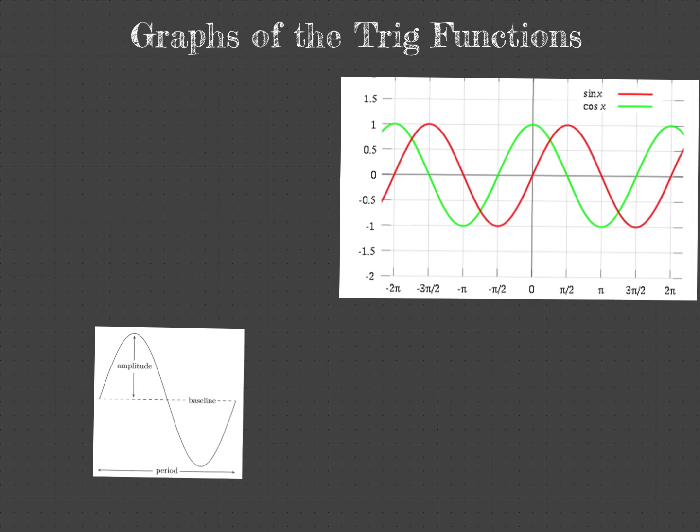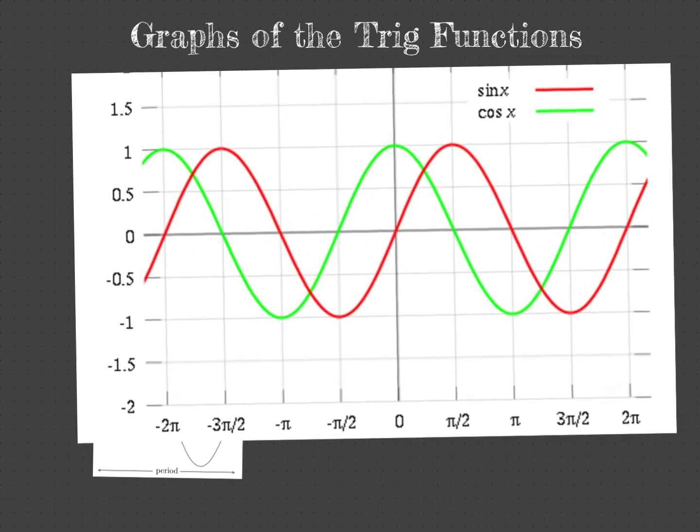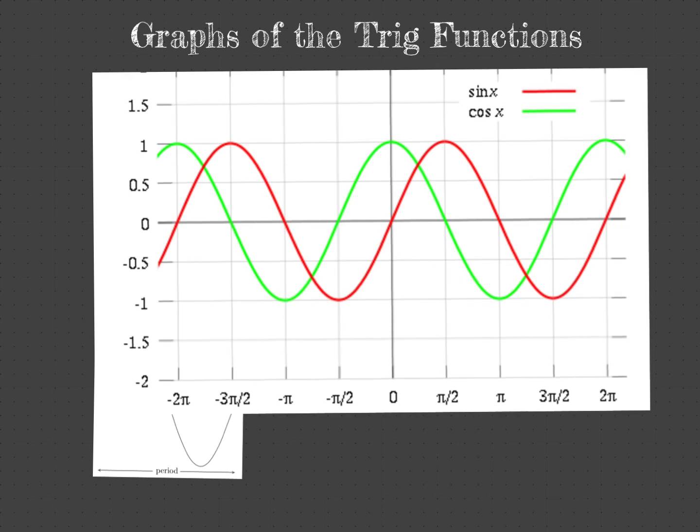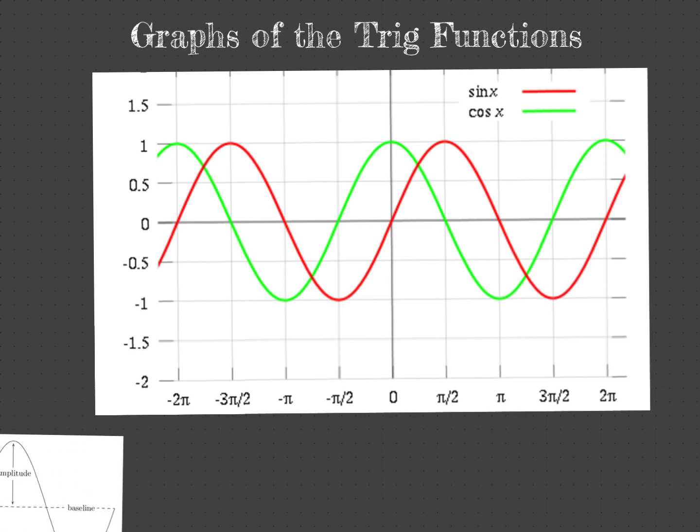Another feature that we'll see with these graphs is called a phase shift. A phase shift is shifting one of these functions horizontally, left and right. Let's say we took a look at the cosine graph. How can we make the cosine graph exactly the sine graph? They are the exact same shape. They're just shifted away from one another.